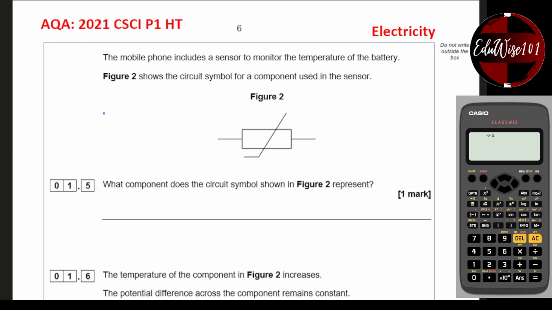If it was just simply a rectangular shape like this, that would be a fixed resistor. Now this one has a line going across. It's not an arrow, it's a line going across, and then a horizontal line as well. Now this circuit symbol is for a thermistor.